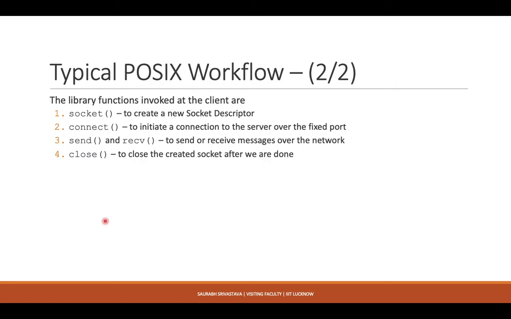On the client end, it is slightly simpler. You call the socket call first, so that you get a socket descriptor. Then instead of bind, listen and accept, you call the connect method. The connect method requires that you provide the IP address and the port number of the server to which you want to make a connection.